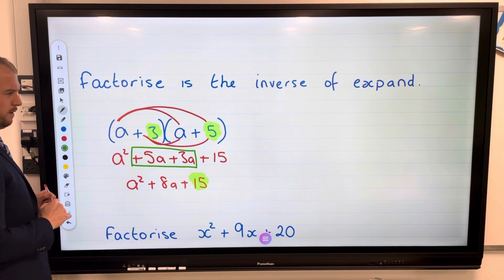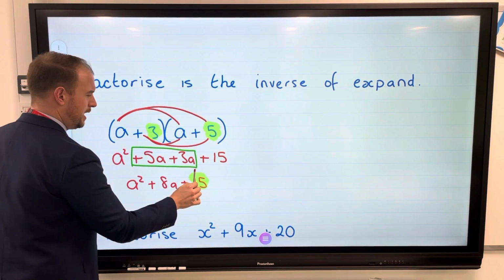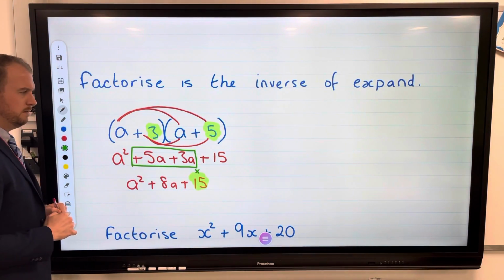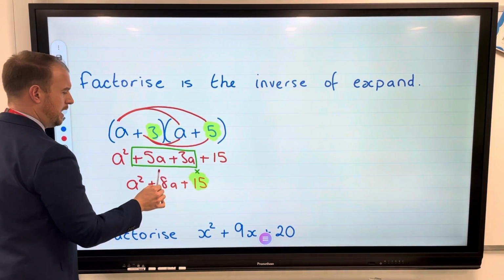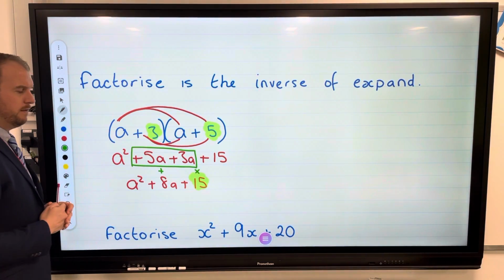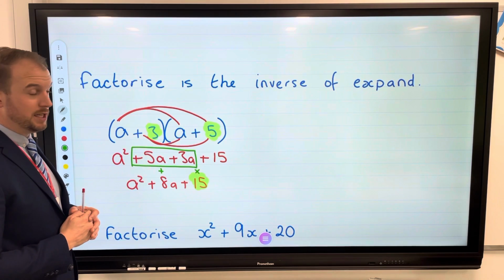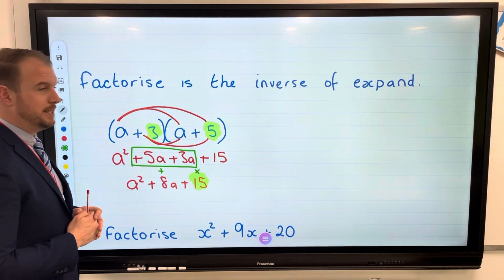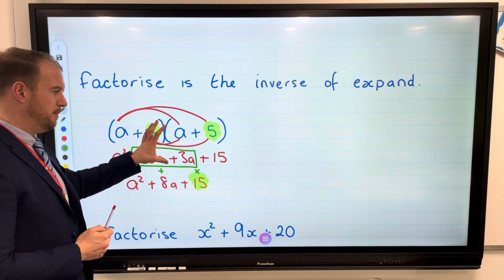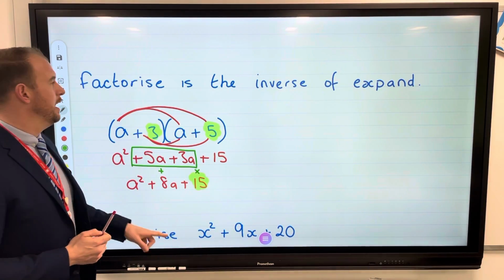Now hopefully you realise that 3 times 5 is 15, but 3 add 5 makes 8, okay? And that's not just a coincidence, it is there for a reason, okay? So bear that in mind when we have a look at these harder questions.